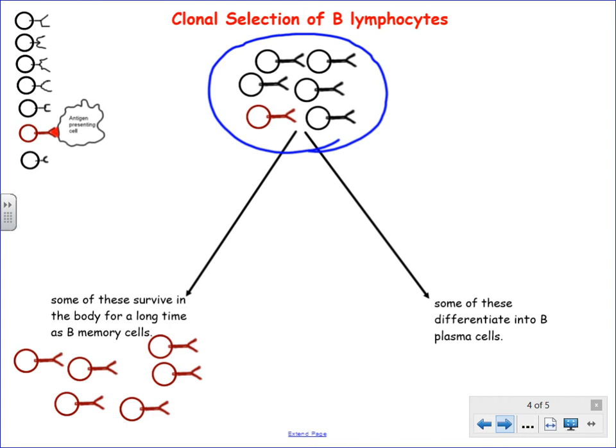It's almost as if your body remembers the exposure to the pathogen or vaccination, which is why these type of B lymphocytes are now called B memory cells. The way to describe it is that you now have immunological memory.